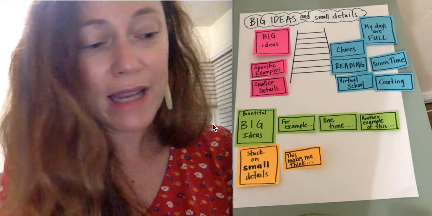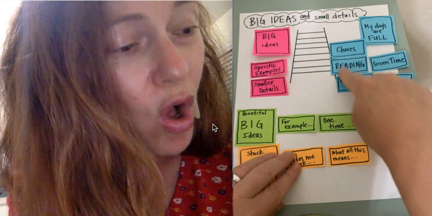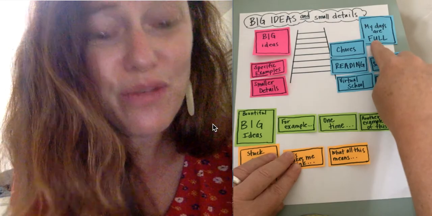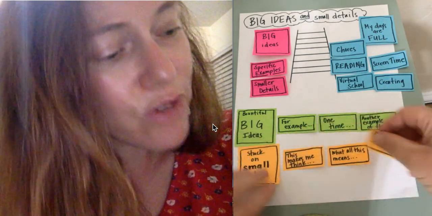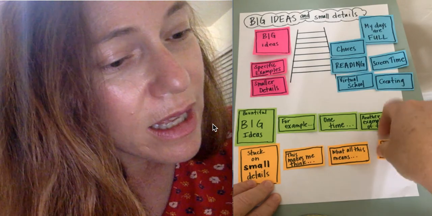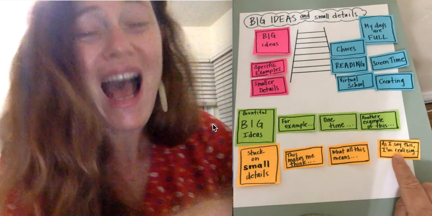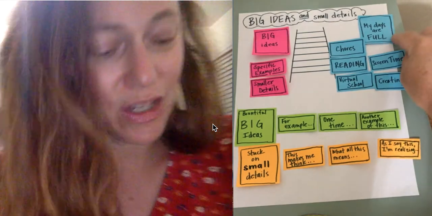Another thing I could say to help me make a big idea is, what all this means is my days are full. Or another way to create a big idea after looking at your smaller details or specific examples is, as I'm saying this, I'm realizing my days are full.